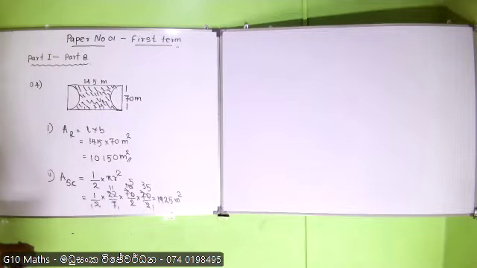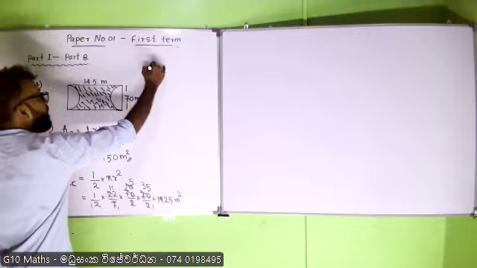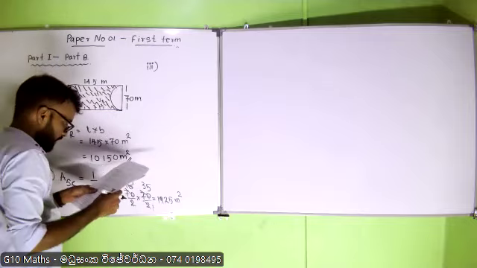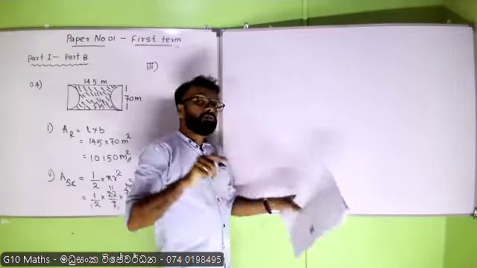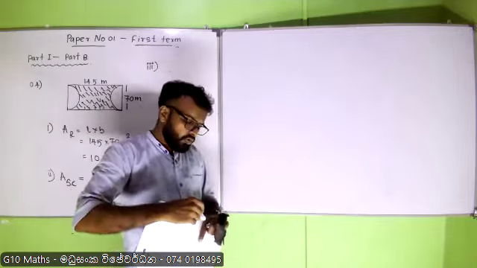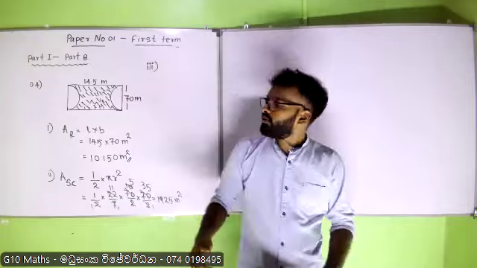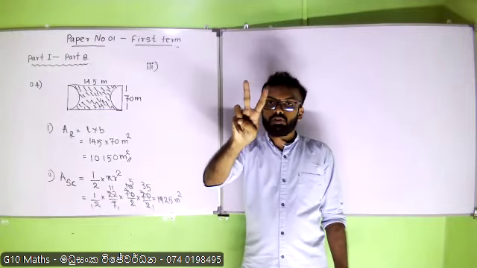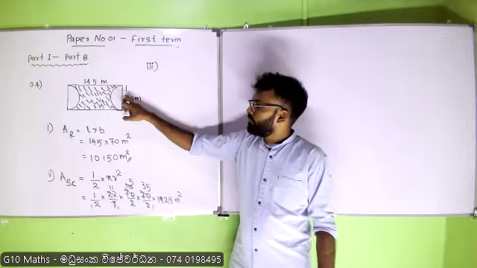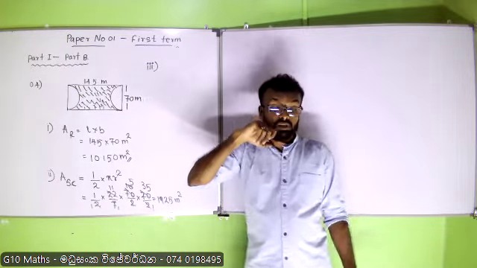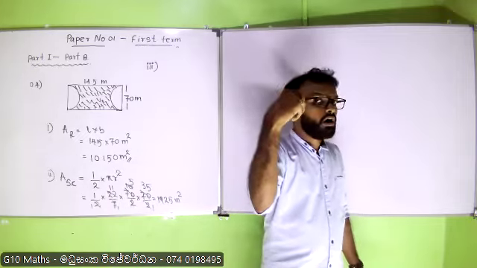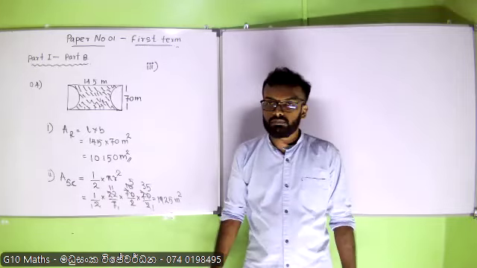Third one. Find the area of the shaded part. When you are going to find the area of the shaded part, you have to remove two semicircular parts, two half circles.